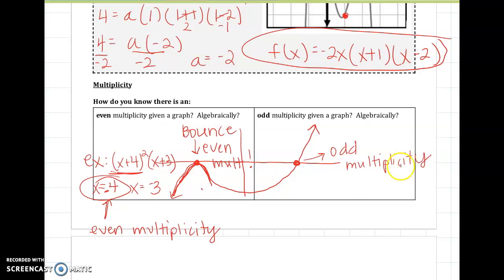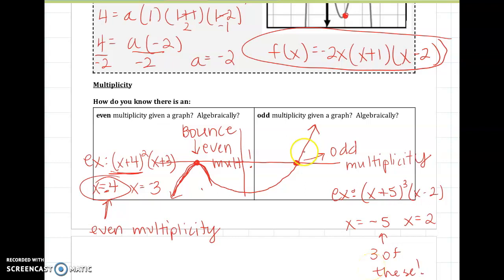So whenever you have an odd multiplicity, for example, if you had x plus 5 cubed times x minus 2, my zeros are going to be x equals -5 and x equals +2, but there's going to be 3 of these. If there's 3 of those, that means that there is an odd multiplicity, right?